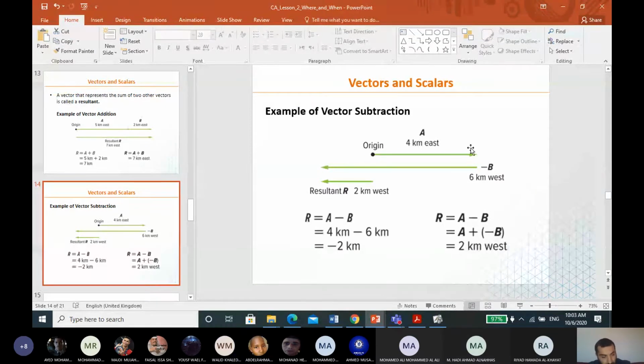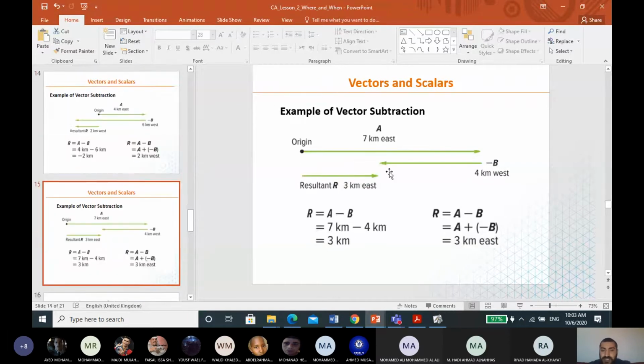Negative 2. Excellent. That's how I can subtract two forces rather than adding. Another way, because I didn't want to see a resultant force in the negative direction, I will take off this negative and put it here as west. So when we put it west, we can take off the negative sign here. Okay, guys?